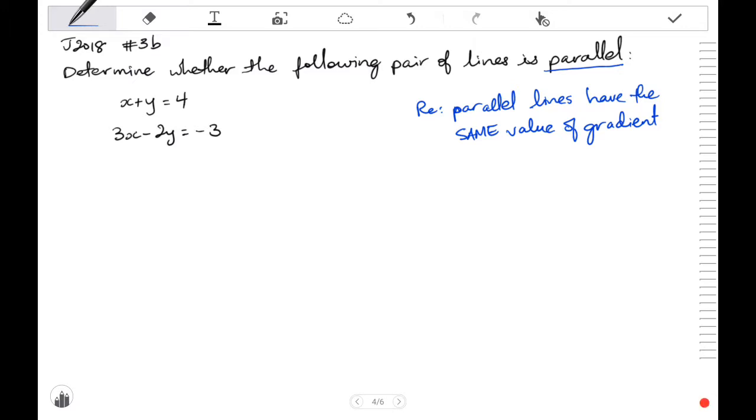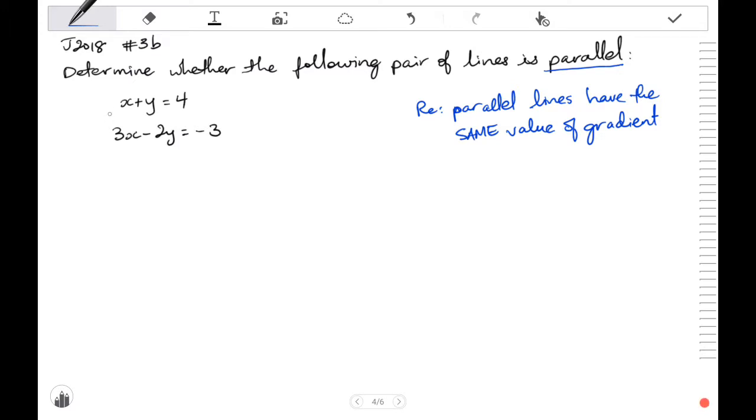So the action is to determine whether the two lines are parallel or not. Our answer must be either yes, the two lines are parallel, or no, the two lines are not parallel, and we'll give our reason why. This is all I know about parallel lines, so I have to look at the gradients of the two lines and determine whether they are equal or not.